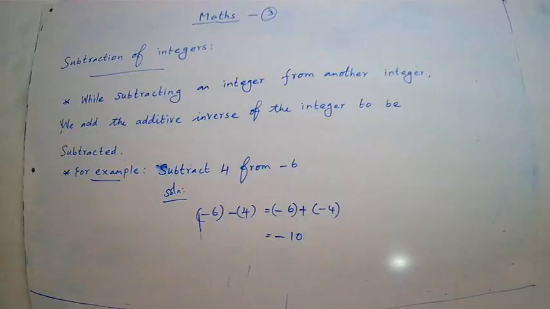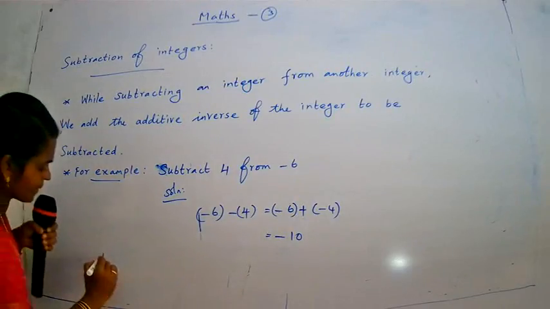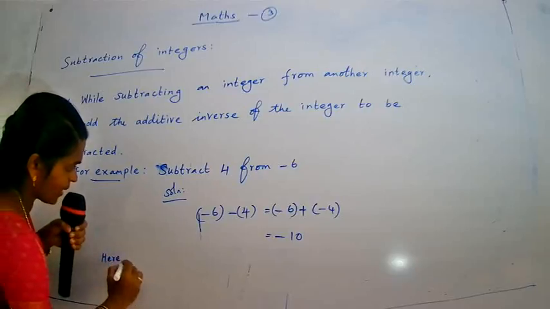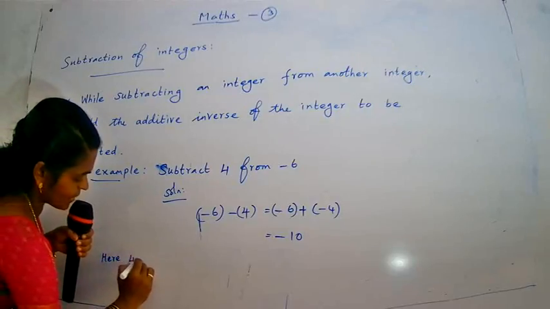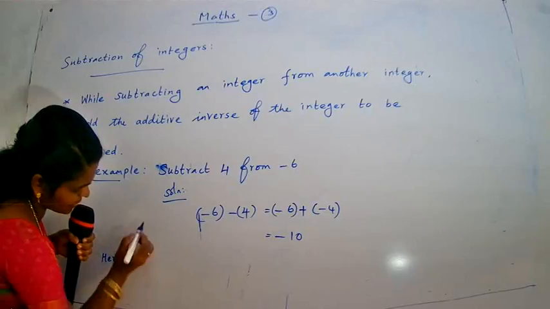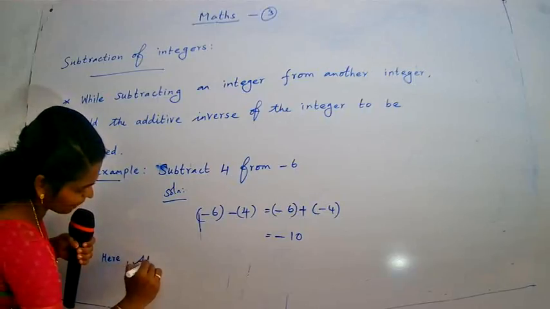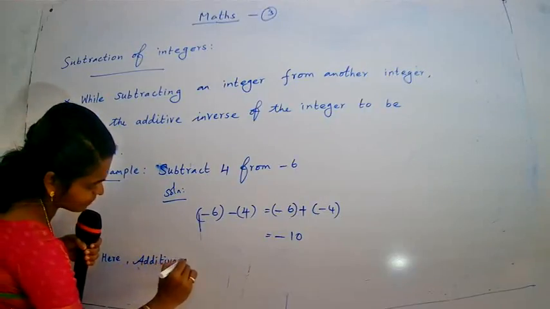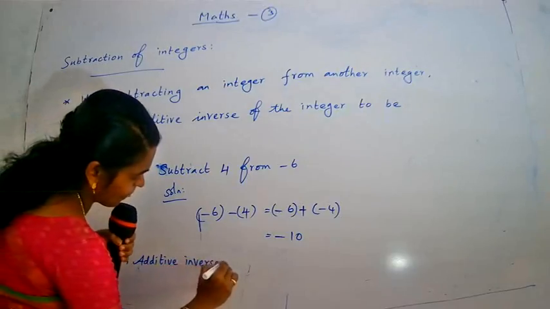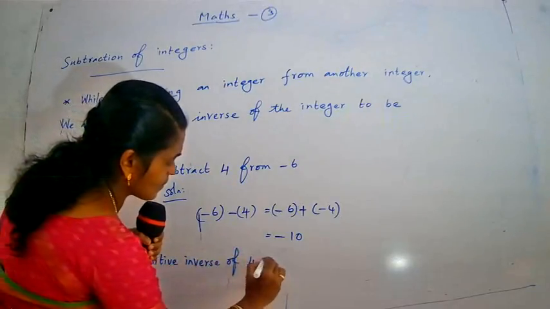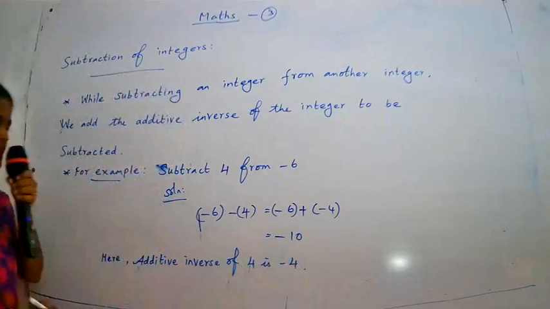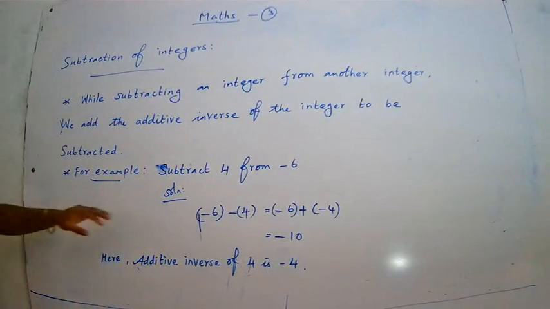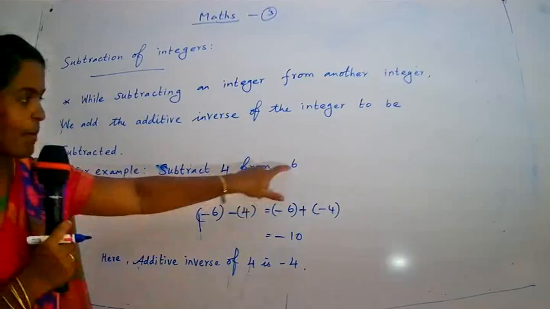Okay. So write the question and that answer also. Here the additive inverse of 4 is minus 4. Okay children? Subtract 4 from minus 6.